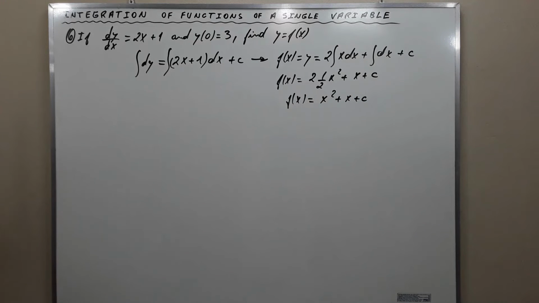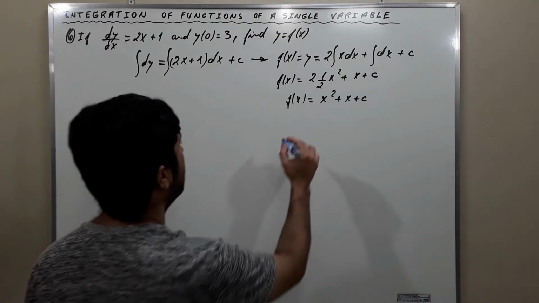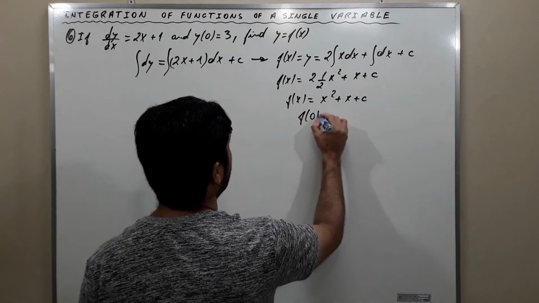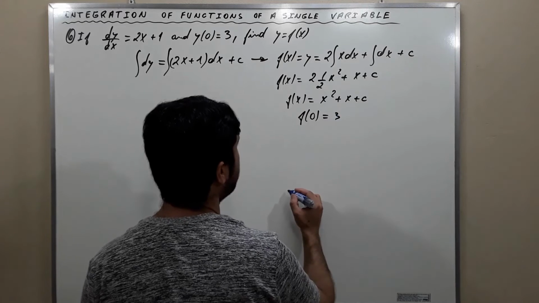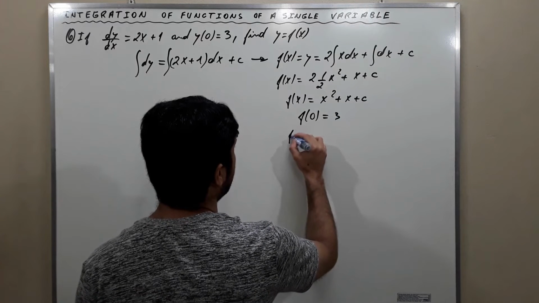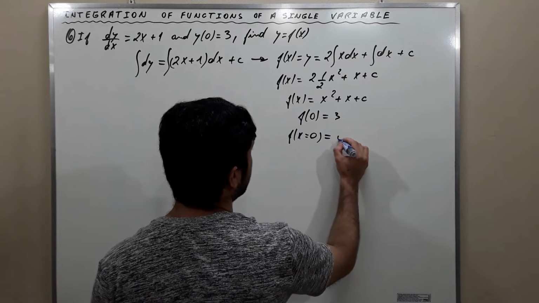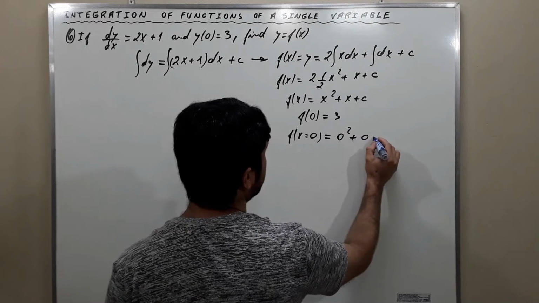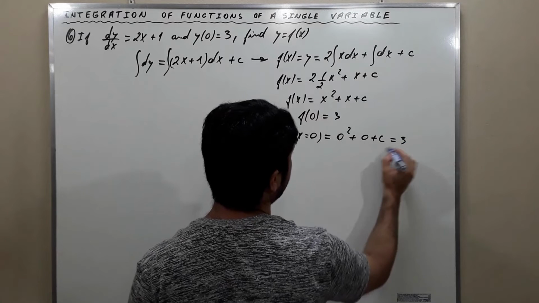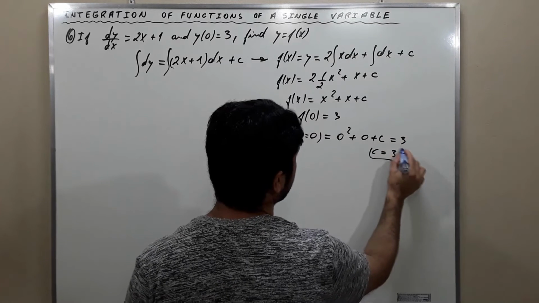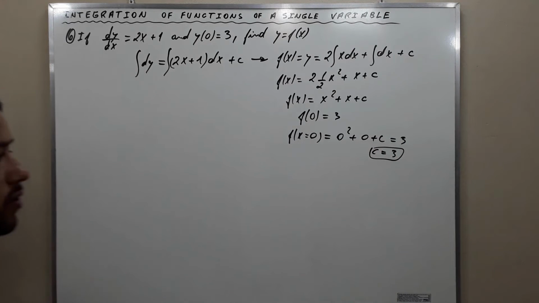Okay? This is the expression, and we're going to use that f of 0 is equal to 3. Okay? F of 0 is equal to 0 squared plus 0 plus c equal to 3. Where we find that the constant of integration is equal to 3.